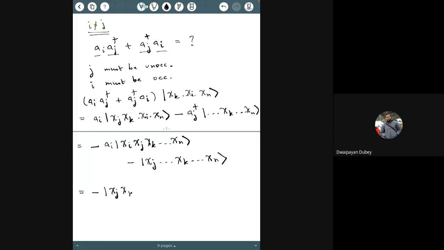Okay, note that here I have interchanged the position of chi j with chi I, and here I have interchanged the position of chi I with chi k. So the position of chi k in the two determinants is different.